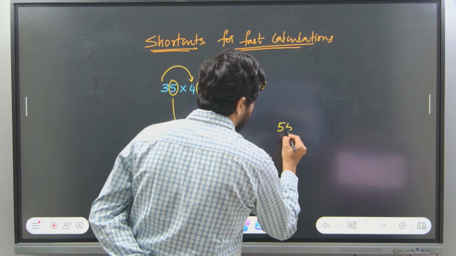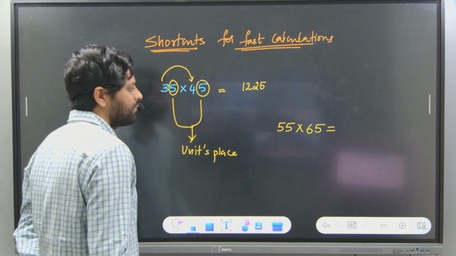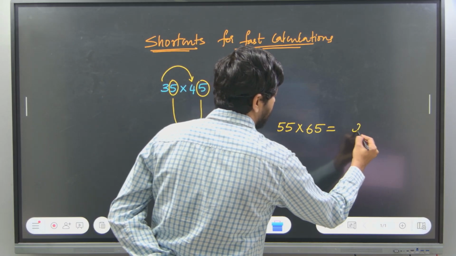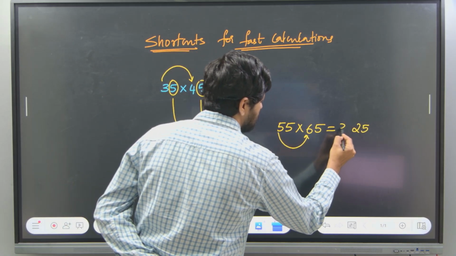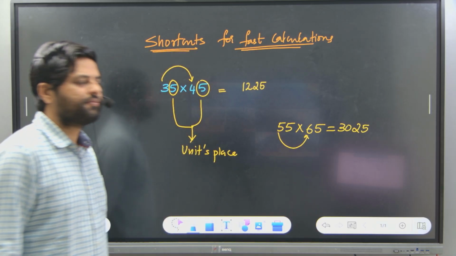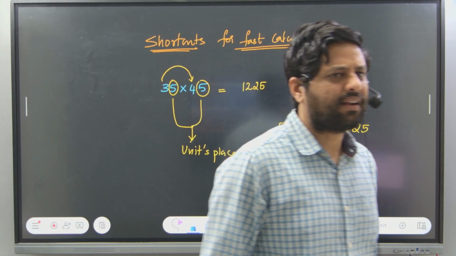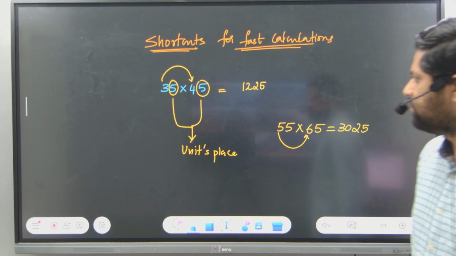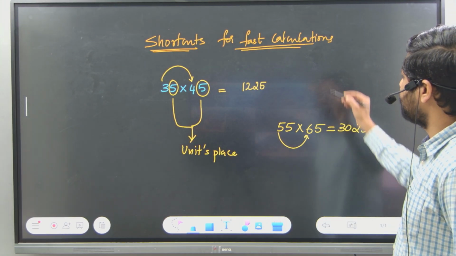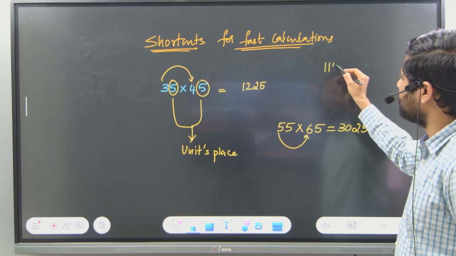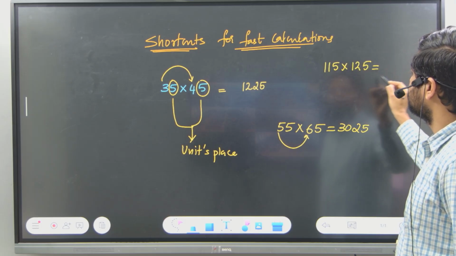So what happens with 55 into 65 then? 5 into 5 is 25. Yes. 5 into 6 is 30. All right, a very simple way so that you can avoid the normal calculation procedure. Even if you go with higher numbers, it still works the same. Say for example, 115 into 125.